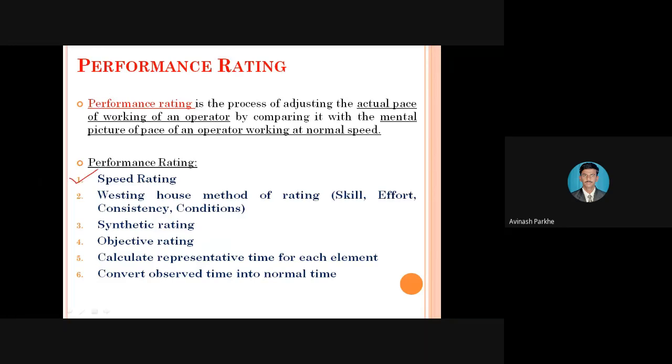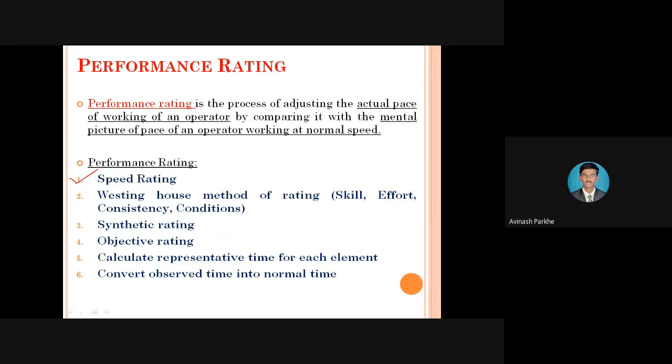Now, the first one is called speed rating. The name itself suggests that in this first concept, according to the speed of the operator, we can judge the performance of that operator. This first technique is totally related to the speed movement of the operator.